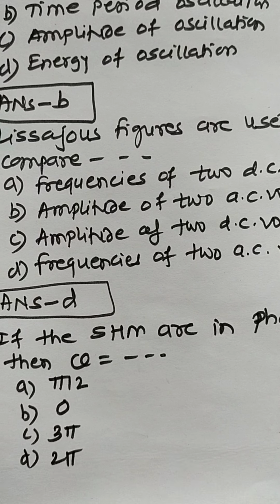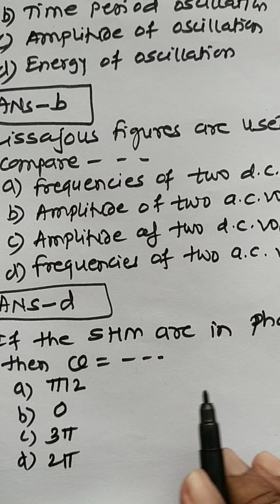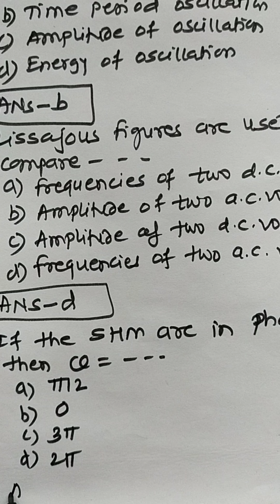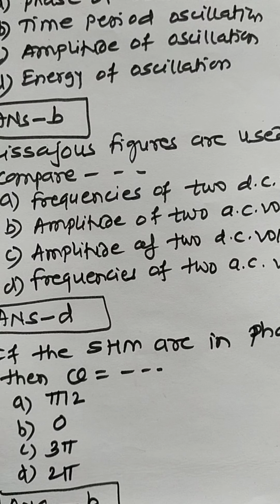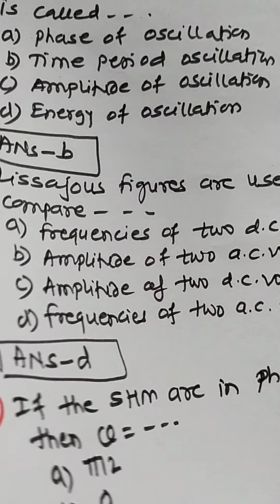Okay, so if these two SHMs are in phase, then theta is equal to, the correct answer is B, that is 0, which is the correct answer.